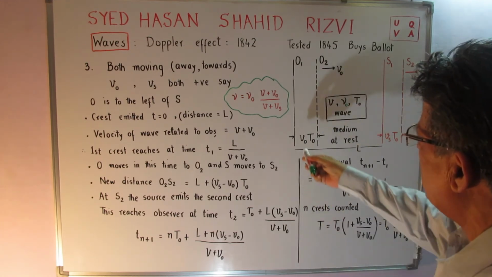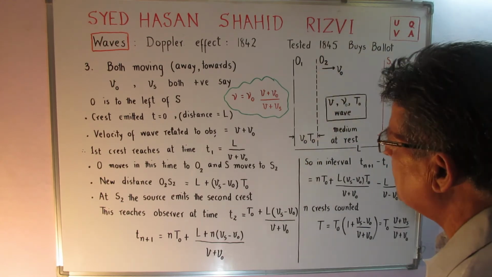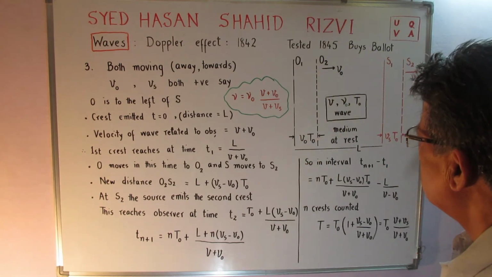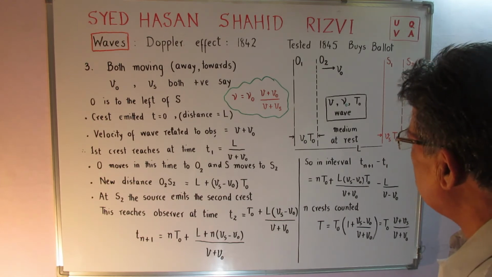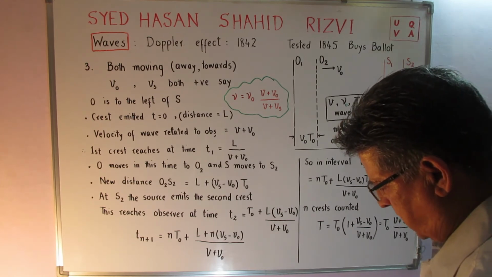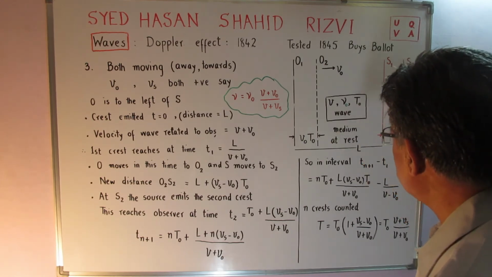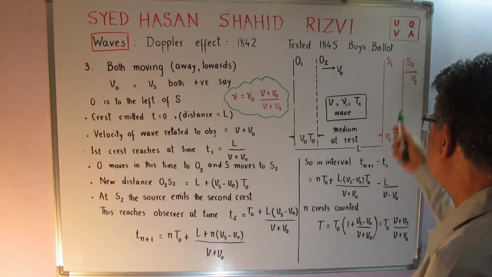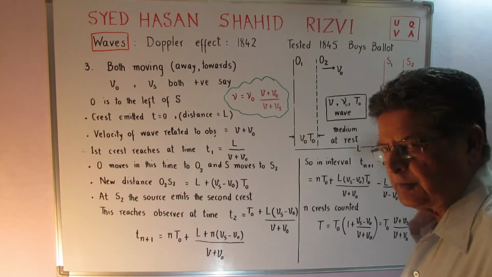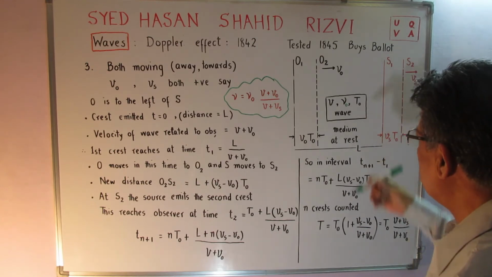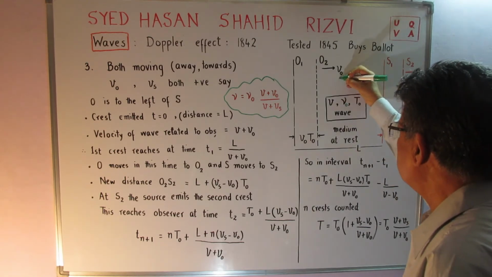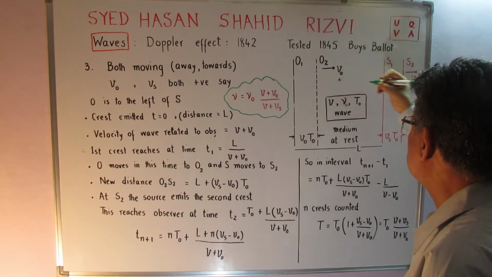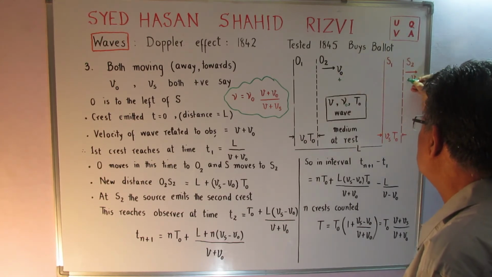The observer has a detector here, and this situation I have just taken. The observer is moving towards the source, and the source is moving away from the observer in the same direction. So these velocities are treated as positive. Both these velocities are taken as positive.